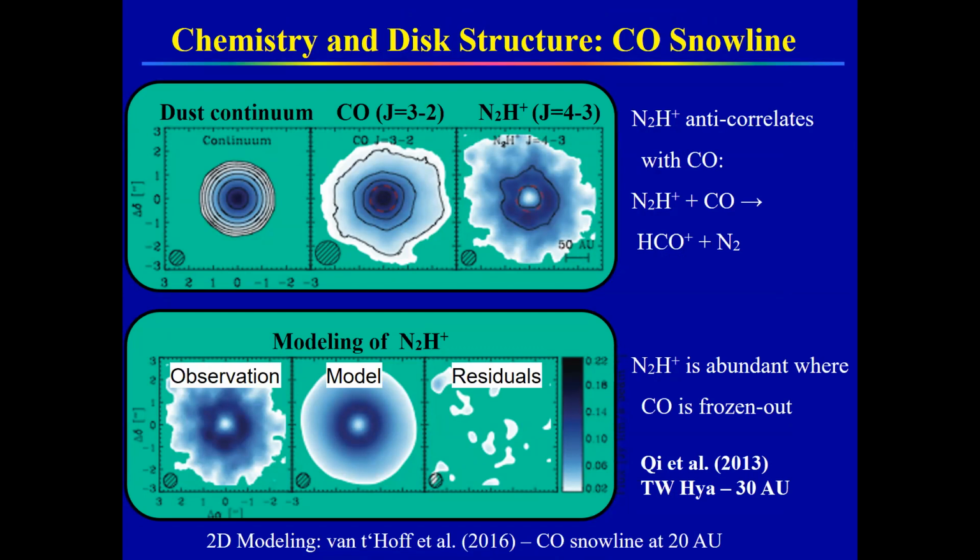So in other words, you can use N2H+ as a tracer for the snow line of CO. N2H+ is abundant, whereas CO is frozen out. You can also do 2D modeling, which changes the picture a little bit, but gives you an idea what you actually can do with CO and N2H+.